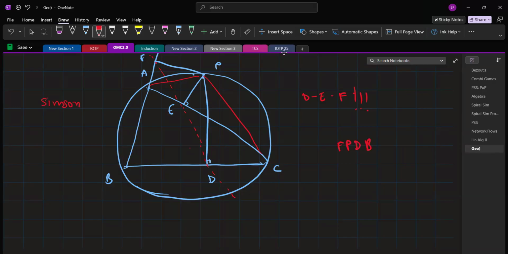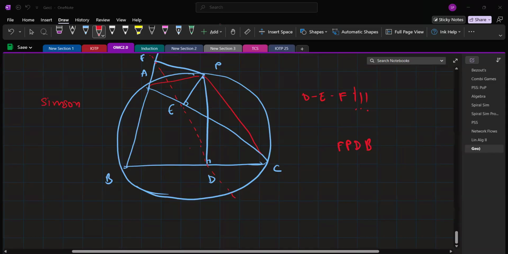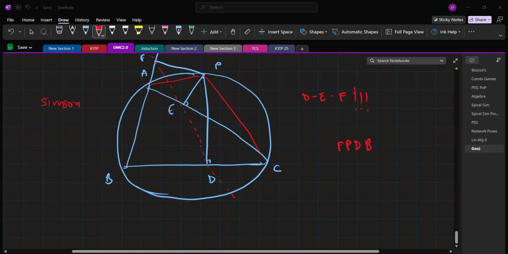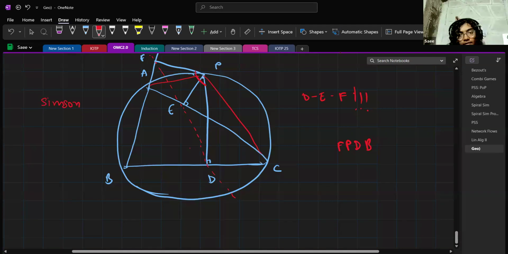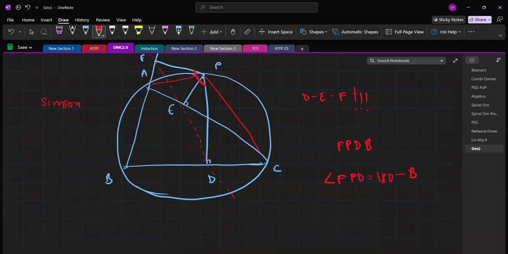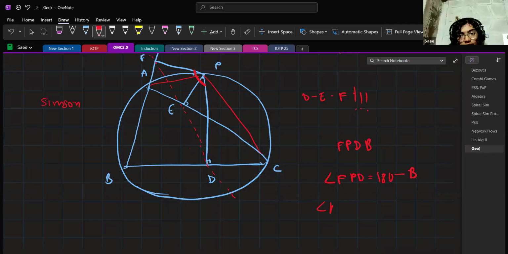So angle FPD is equal to 180 minus angle B. Angle APC is 180 minus B. Yes, that is true.